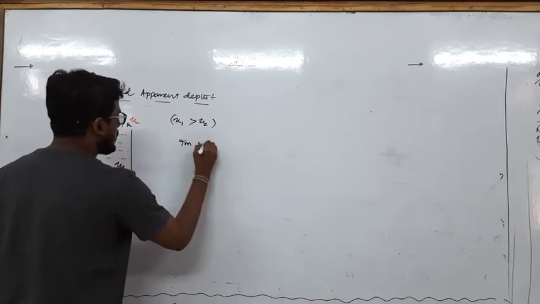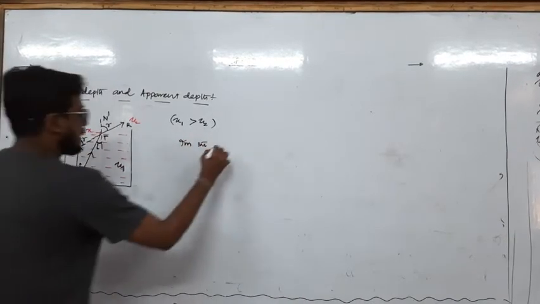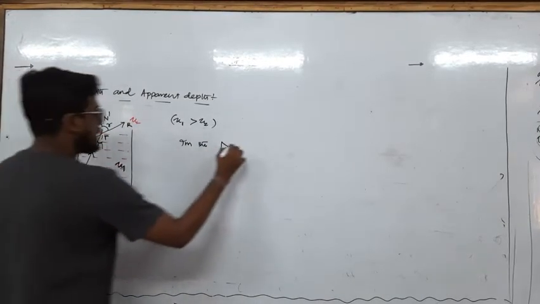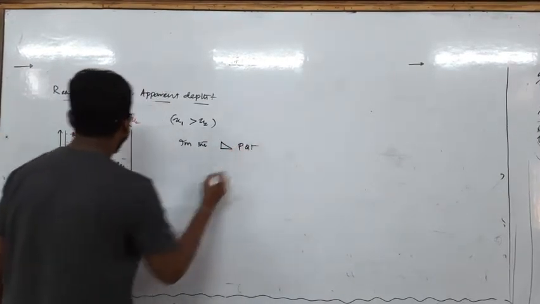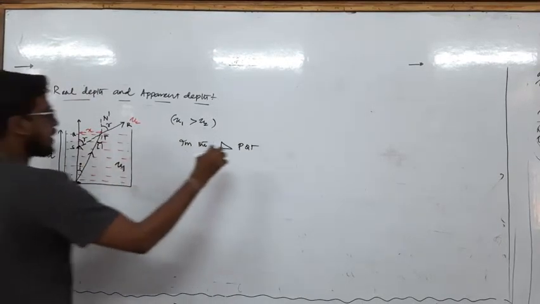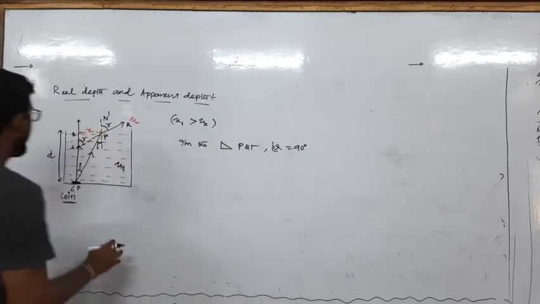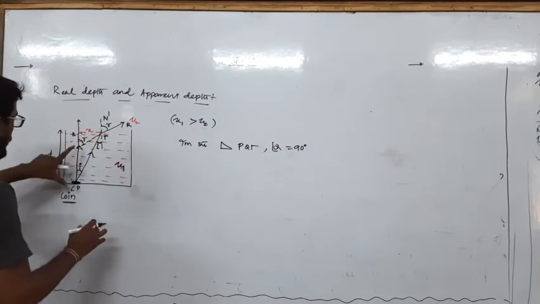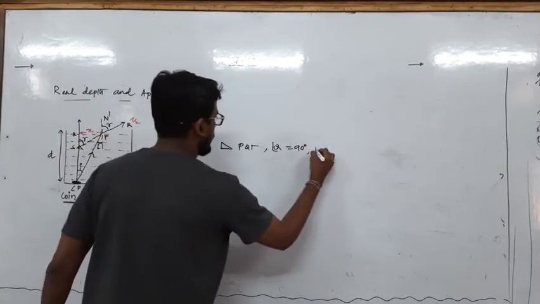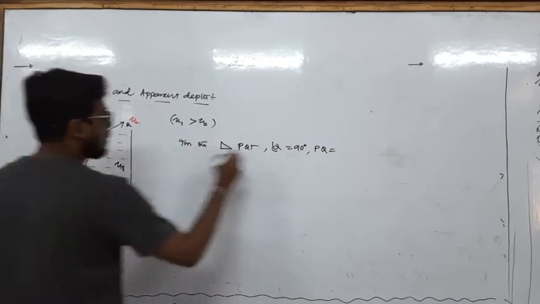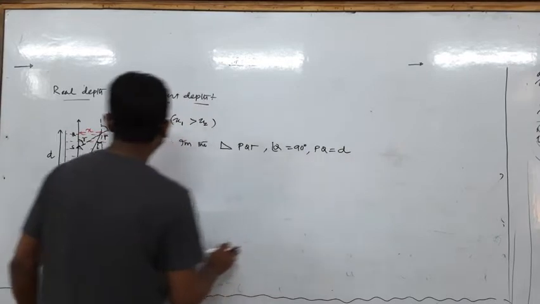now in the right angle triangle PQT, angle Q is equal to 90 degrees, PQ is equal to the total depth of the water level or the container, D. Clear?